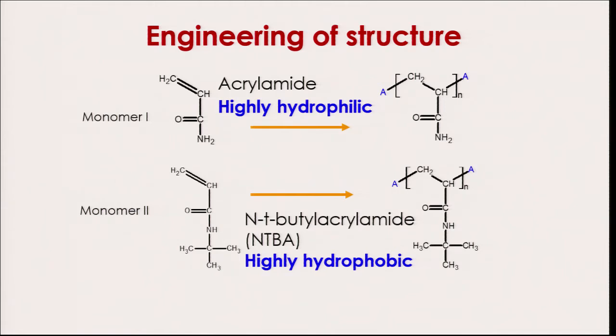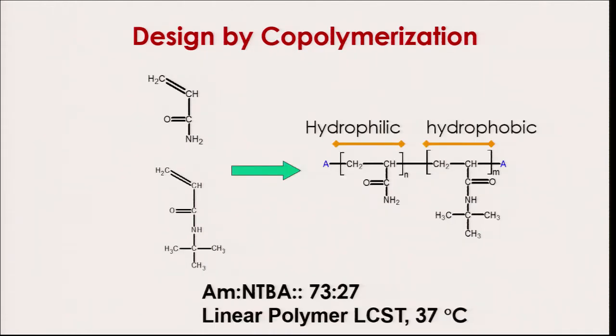You can choose a hydrophilic monomer like acrylamide and a hydrophobic monomer, which is an N-substituted acrylamide, that is N-tertiary butyl acrylamide. So, hydrophilic and hydrophobic monomers.